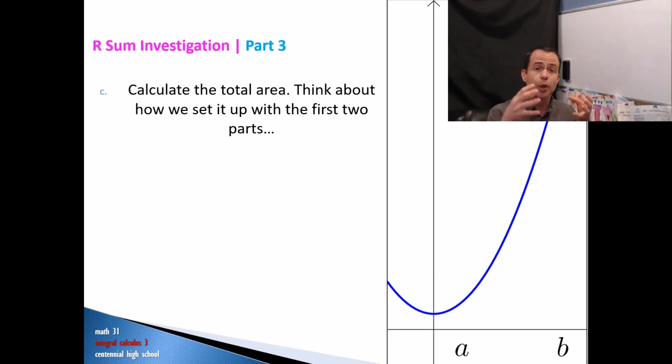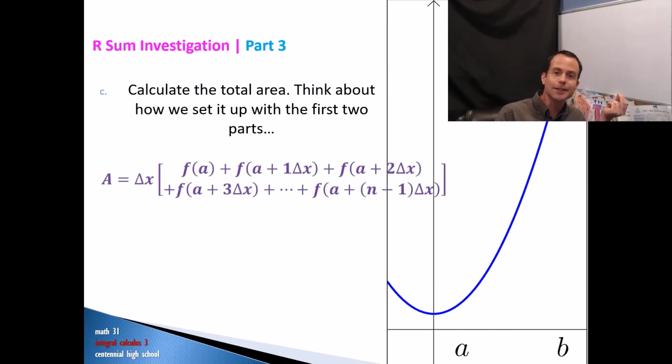In the second example, all the bases were a half, so we factored out a half. In this example, all the bases are the increment of x. So we're going to factor out the increment of x, and we end up with the increment of x times f of a plus f of a plus 1 increment, f of a plus 2 increments, f of a plus 3 increments, and so on.